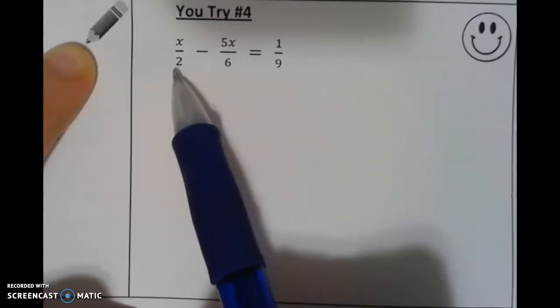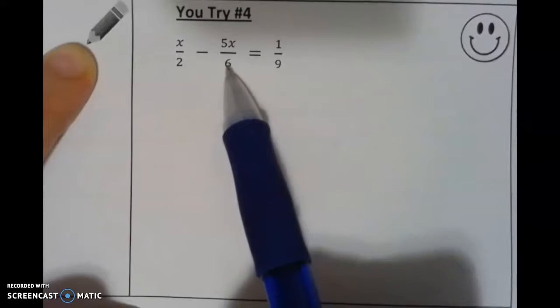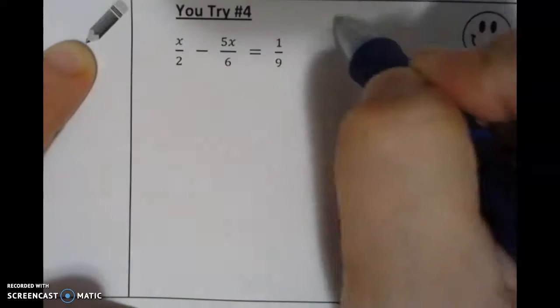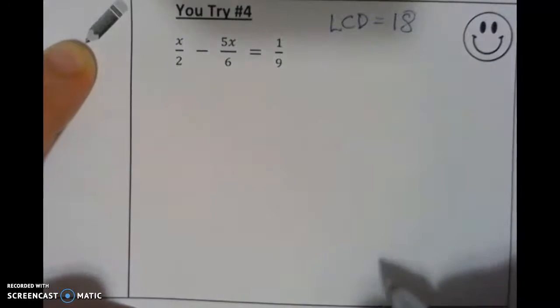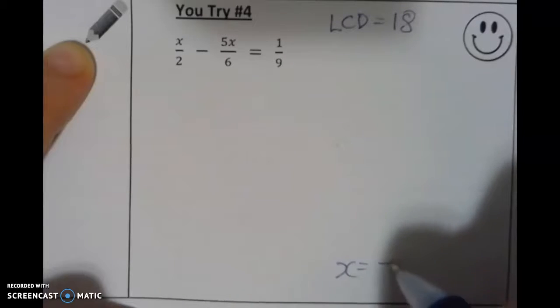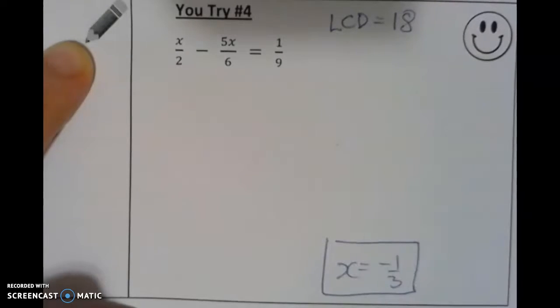Is 18 divisible by 2? Yes. Is 18 divisible by 6? Yes, because 6 times 3 is 18. So LCD is 18. And once you've solved it, hopefully you should get x is negative 1/3. That should be your final answer.